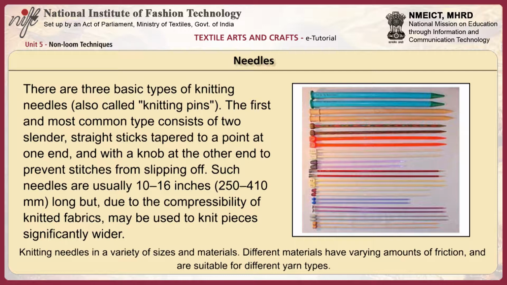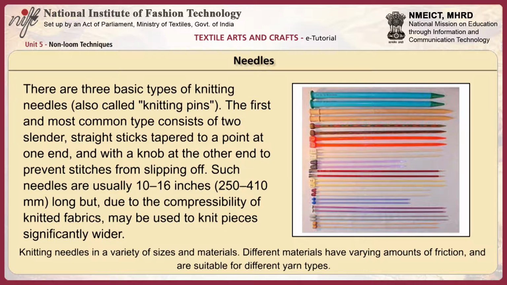There are three basic types of knitting needles, also called knitting pins. The first and most common type consists of two slender, straight sticks tapered to a point at one end and with a knob at the other end to prevent stitches from slipping off.